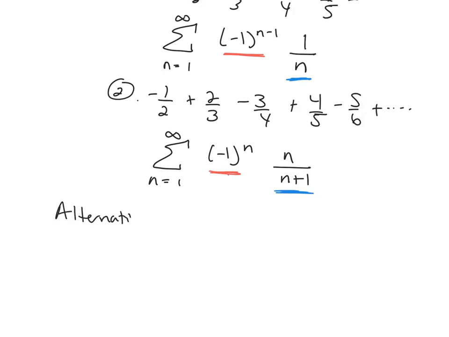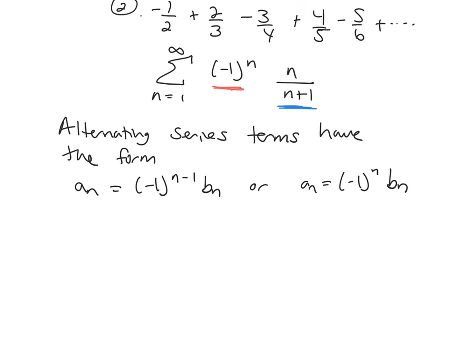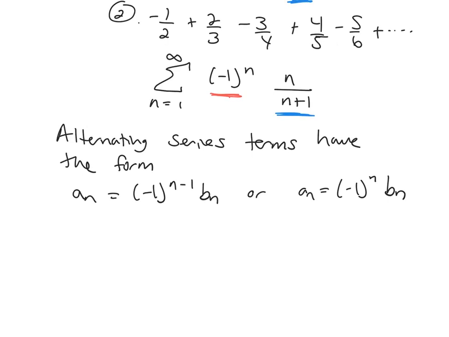Alternating series terms have the form. They either look like -1 to the n minus 1 times b sub n, or -1 to the n times b sub n, and these b sub n's are guaranteed to be positive.